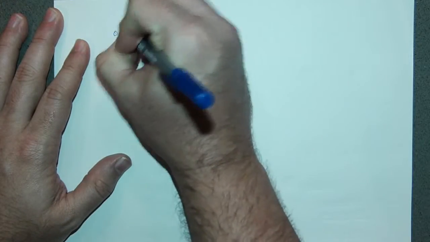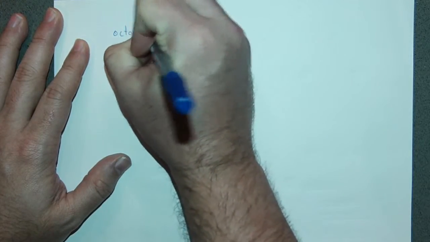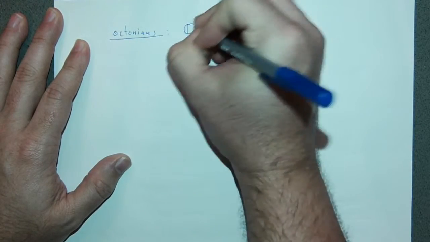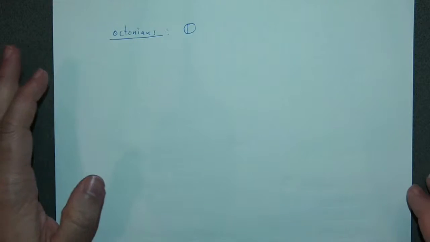So the Octonians are a number system. Like I said, I'm not going to go over the definition of them right now. If you can't wait until we talk about them later, you can Google what these things look like. Last I looked, there's a pretty big article on them on Wikipedia.